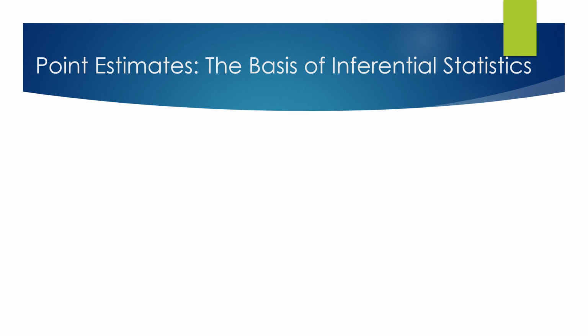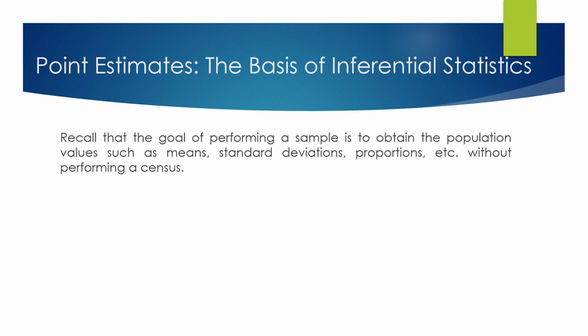So first, point estimates, we are considering them the basis of inferential statistics because if you remember way back into Unit 1, the goal of performing a sample is to obtain the population values such as mean, standard deviations, proportions, etc., without performing a census.